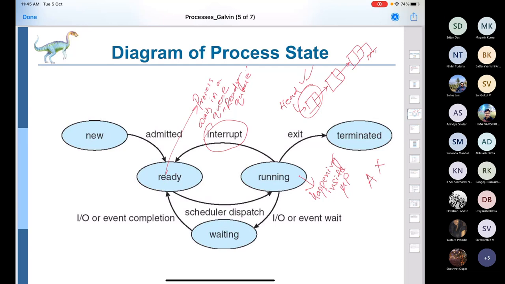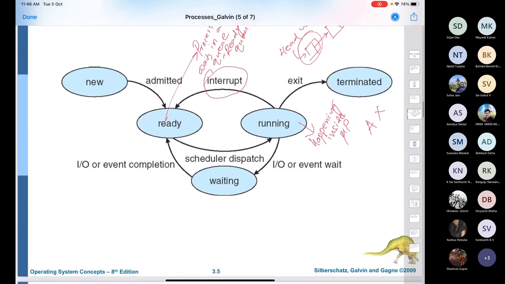The microprocessor is somehow informed by somebody through an electrical signal mechanism, which we will study, that you have to stop the process that you are executing currently.